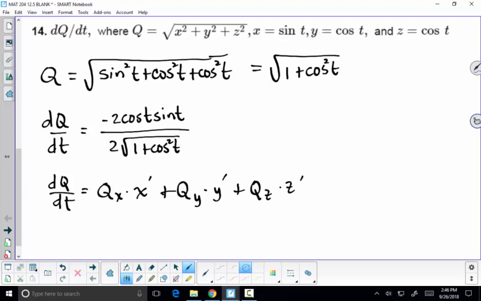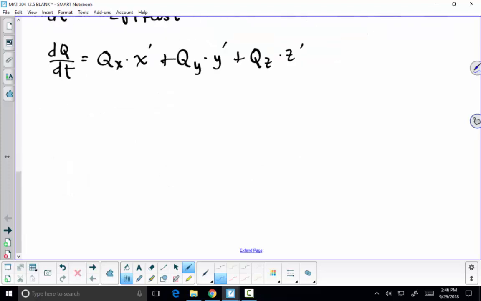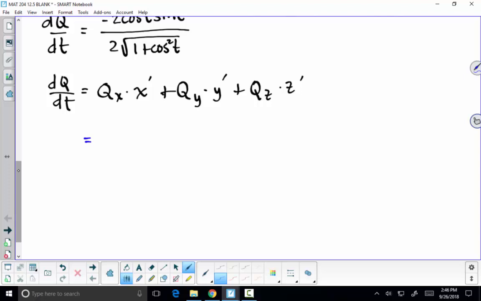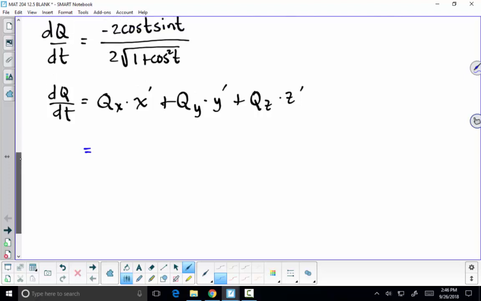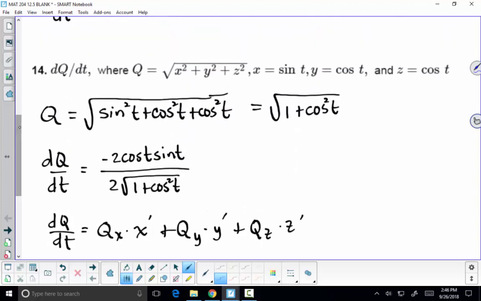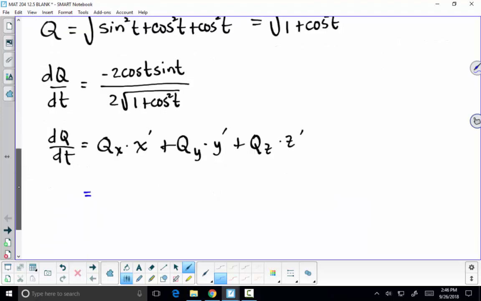Okay, so what is q sub x? Q sub x, that's the partial with respect to x, so we're going to get 1/2 times the base raised to the minus 1/2 times the partial of the inside.